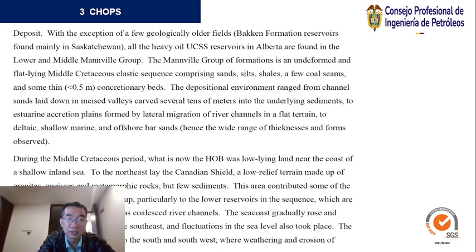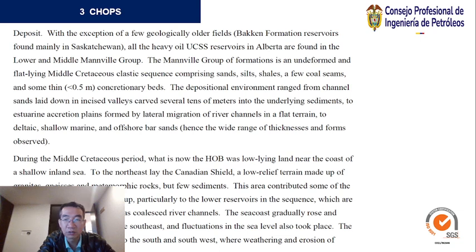To the northeast lay the Canadian Shield, a low relief terrain made up of granites and metamorphic rocks, but few sediments.